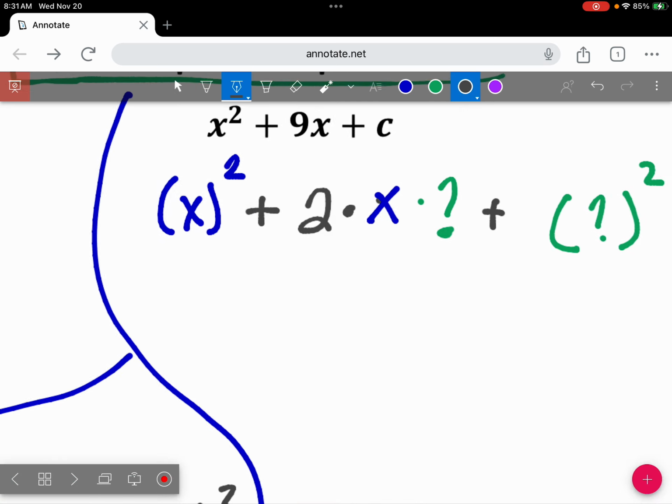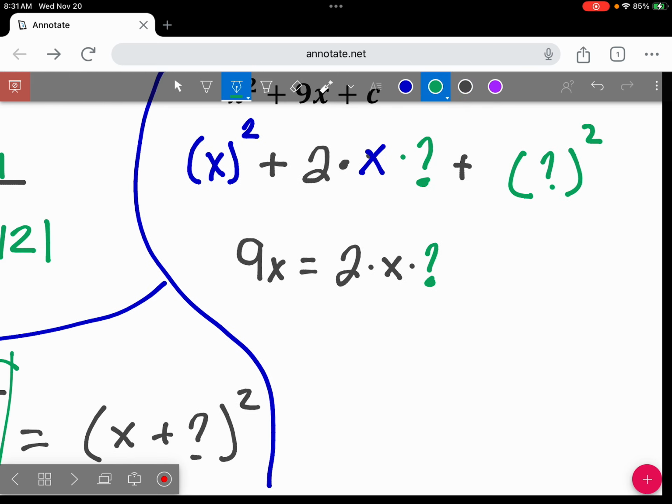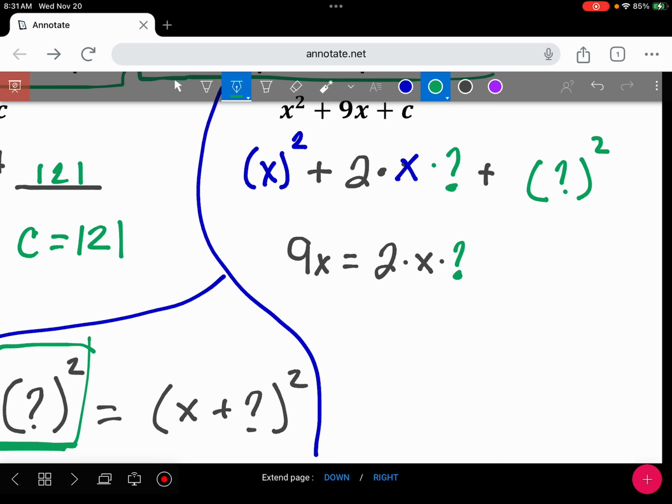So if I know that 9x equals 2 times x times something, it's going to actually be 9 halves.